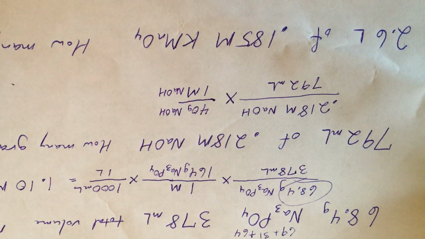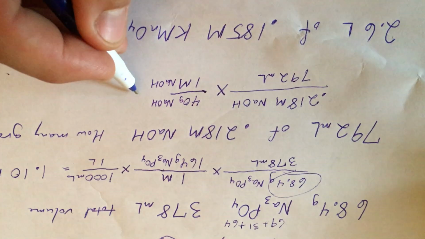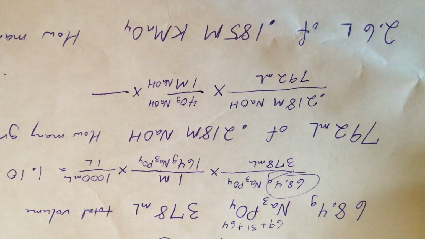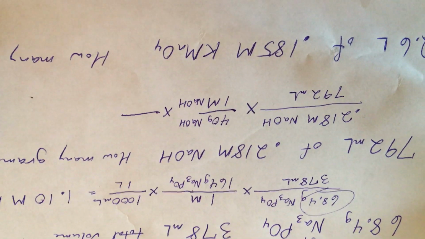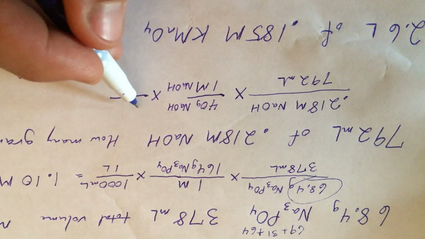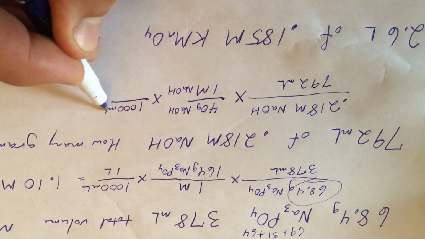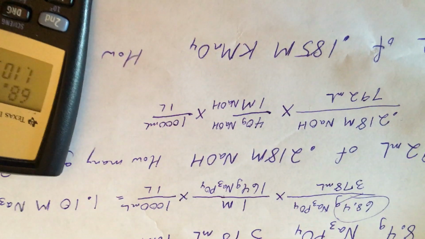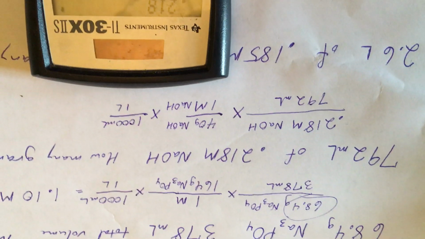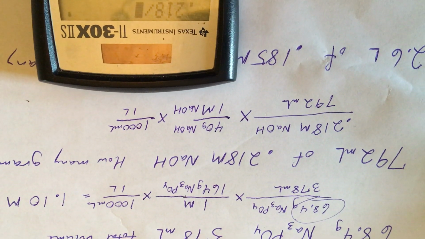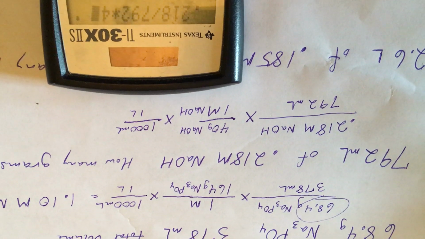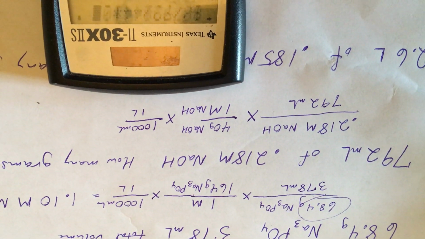Let's see. And then, let's see here. Actually, that might be all I need to do on that one. Yeah, I got moles. Let's see here. 1,000 milliliters in a liter. Let's see what I get on that. 0.218 divided by 792 times 40 times 1,000.